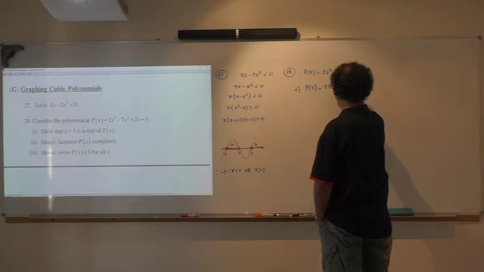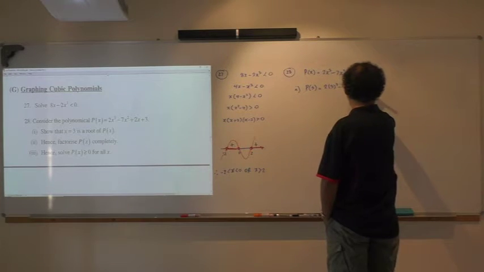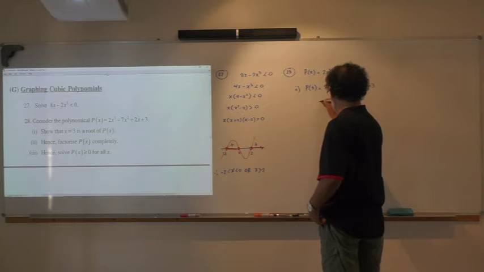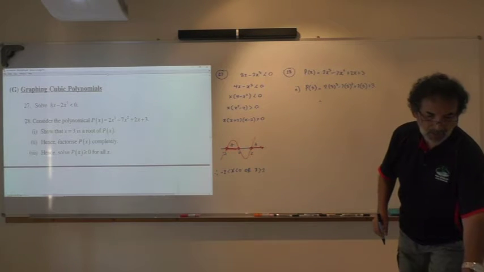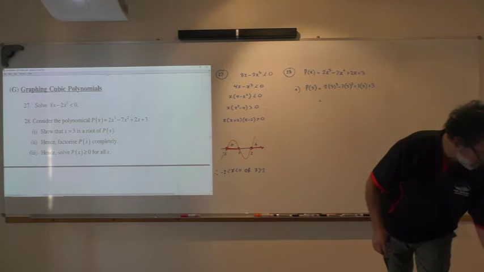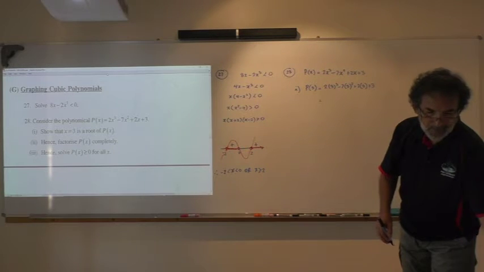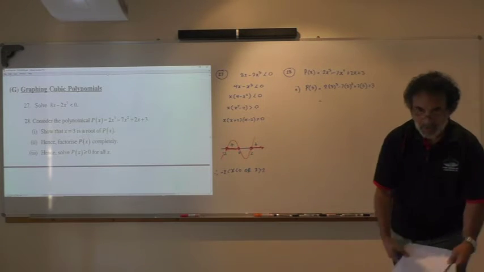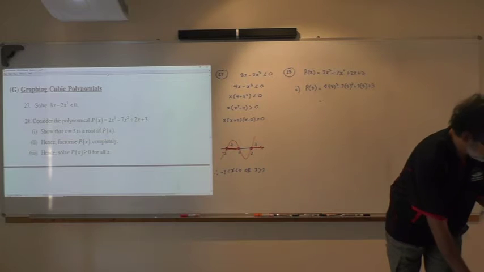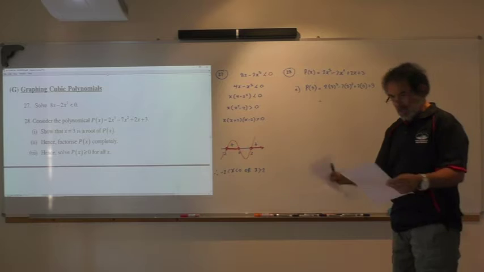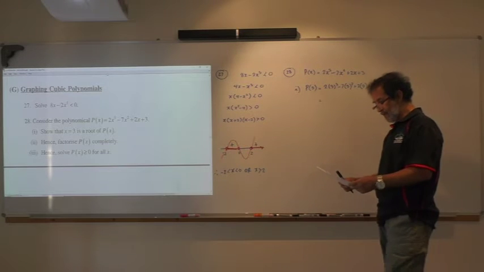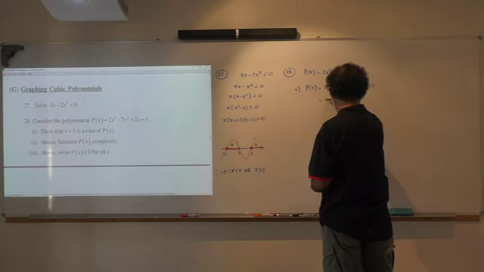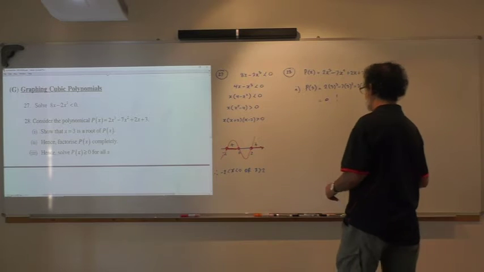So it's 3 cubed minus 7 times 3 squared plus 2 times 3 and then plus 3. If you put that in your calculator, that will give you 0. So in fact, this is equal to 0, which is really good.